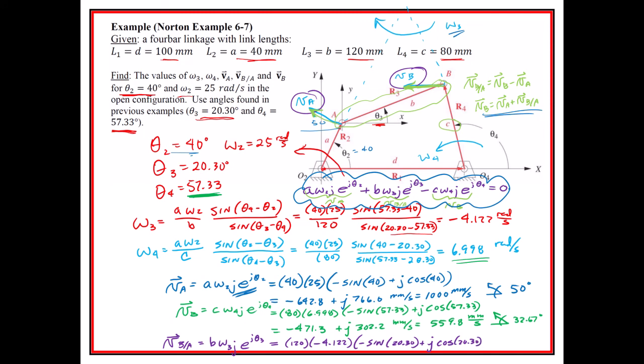Right, and if we work that out, we end up finding B with respect to A is going to be equal to 171.6 minus j 463.9 millimeters per second, which we would equate to being 494.5 millimeters per second, and that's going to be downwards at 69.7 degrees.